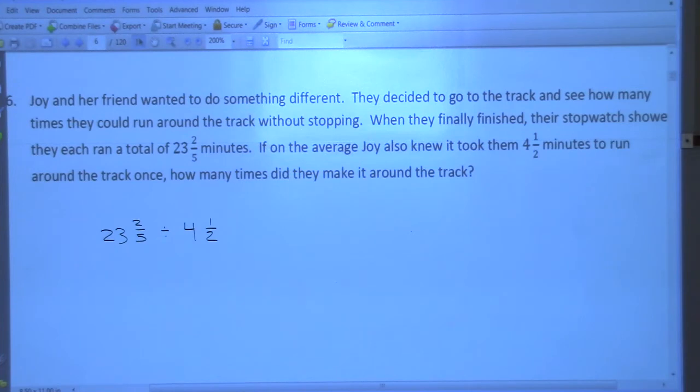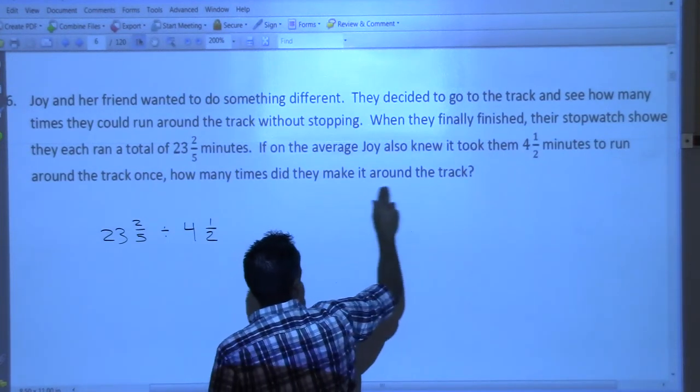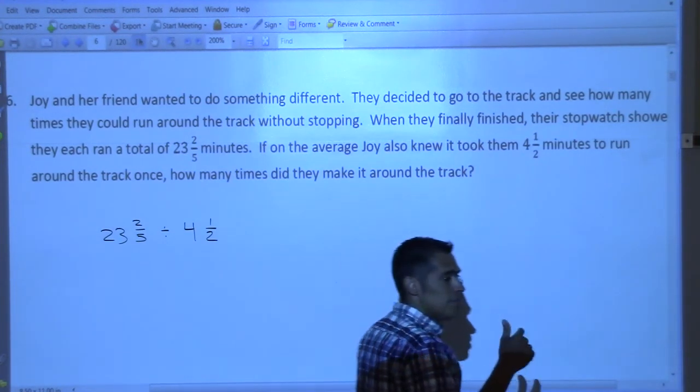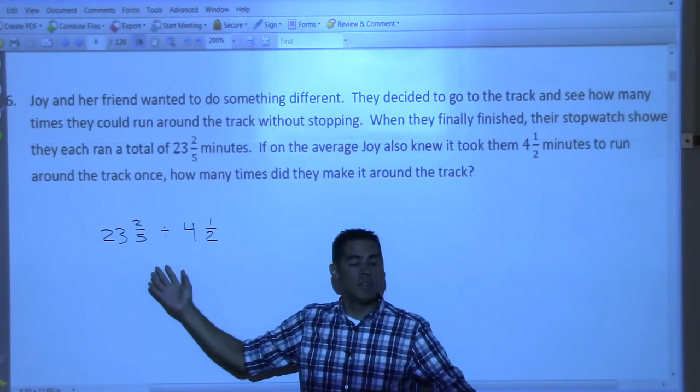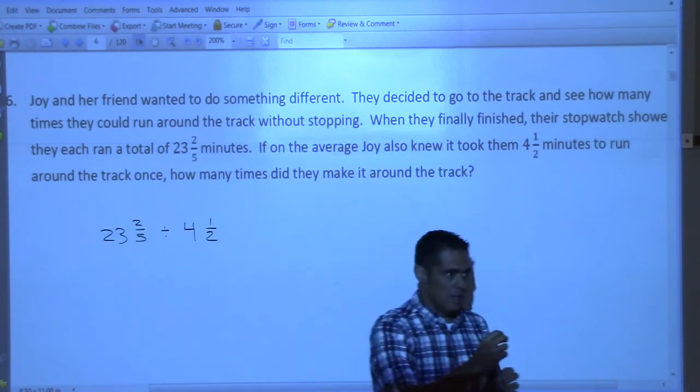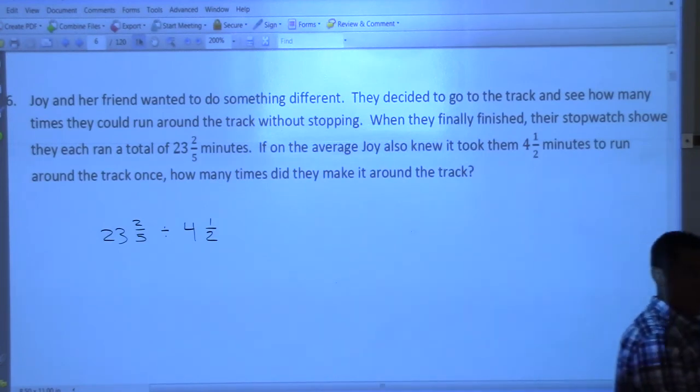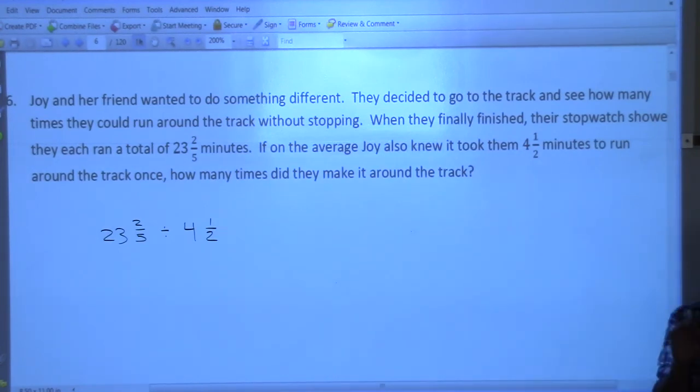This is just confusing. Just the wording is confusing, isn't it? It's asking how many times they completely made it around. It's going to give you an improper fraction. So this will get us an answer, but that won't be the answer that we're looking for, because any fractional part that they ran around doesn't count.